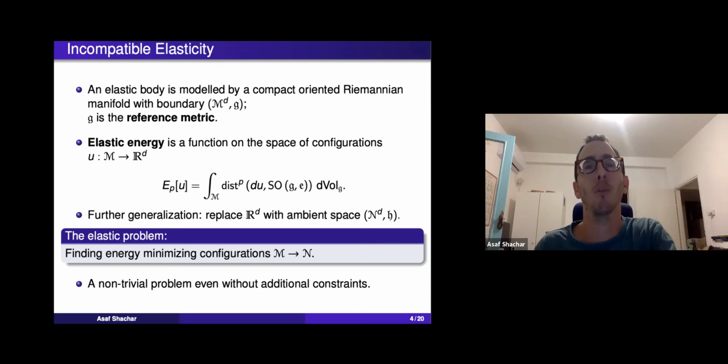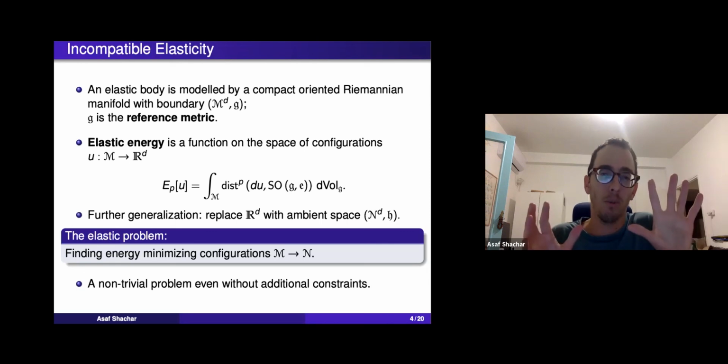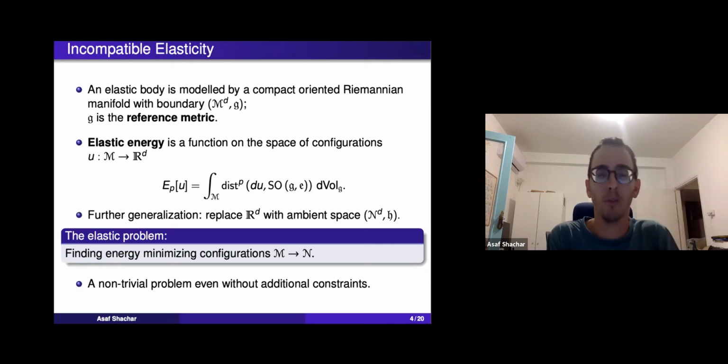So if the source manifold is non-flat and the target manifold is flat, we do not have isometric immersions, and any map will have a strictly positive energy. In fact, one can prove that the infimum of the energy will also be positive. So we already get a non-trivial problem, even if we do not add any additional constraints on the boundary values of the map. This is the basic problem in this framework.